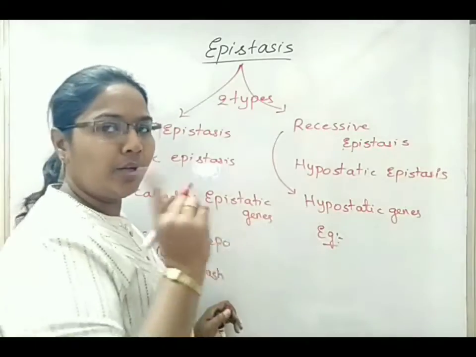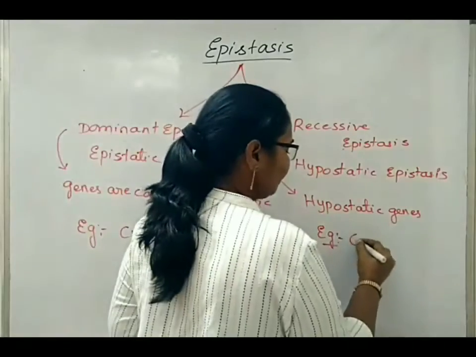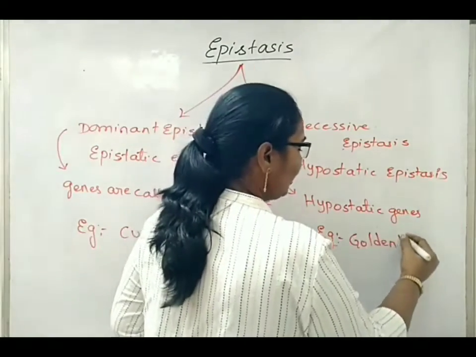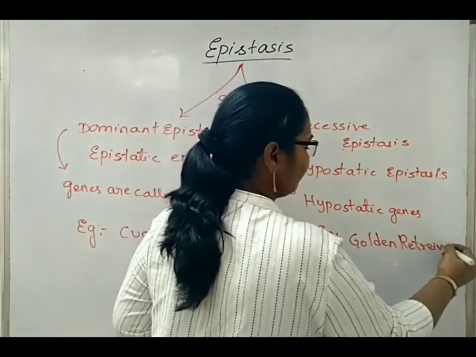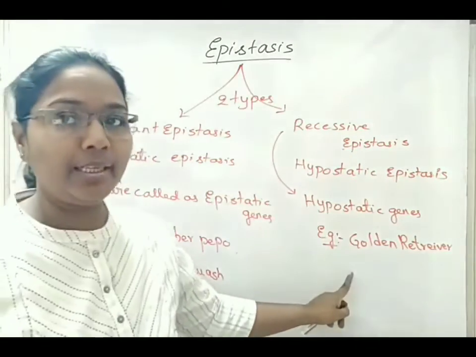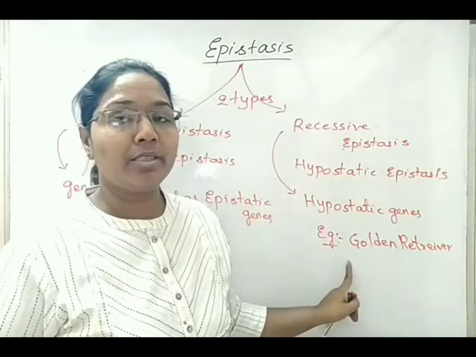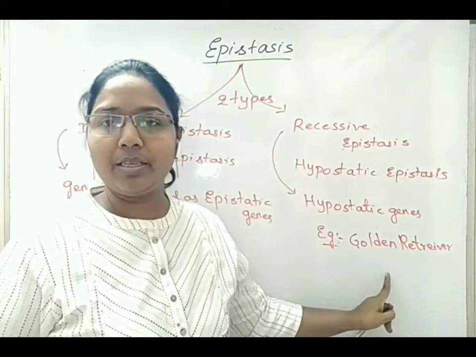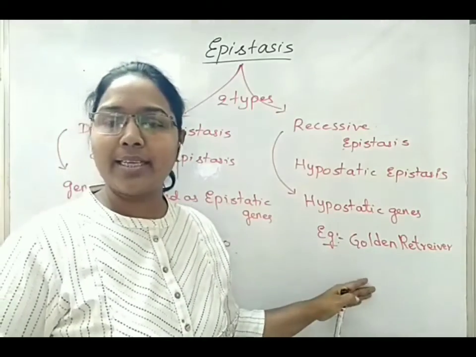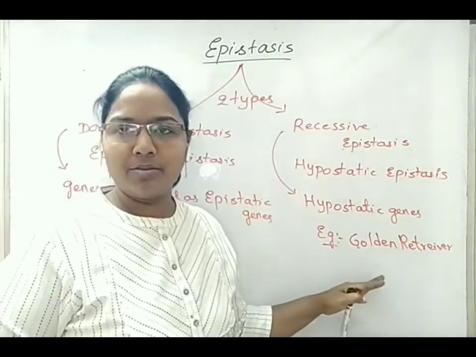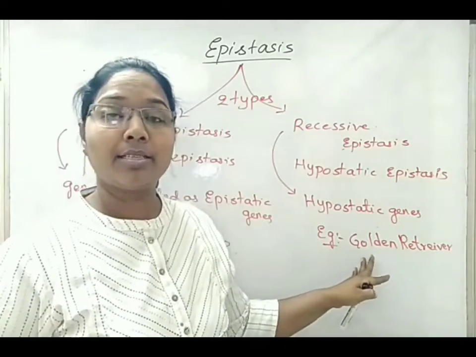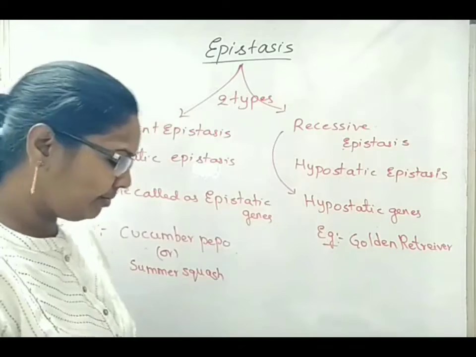So we'll write one example, that is golden retriever. Usually and initially there are black and white golden retriever colors, but during the hypostatic expression of the recessive genes, another new color has come, that is golden.